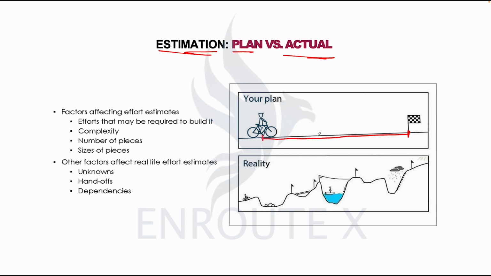Imagine back in the days you want to travel from one point to another. You had in mind that it will be a smooth ride. Possibly you have to travel by rail, that's going by train, and you envisage that the journey will be smooth.